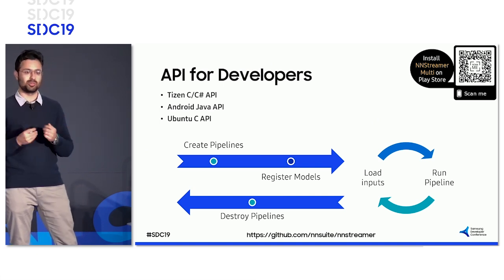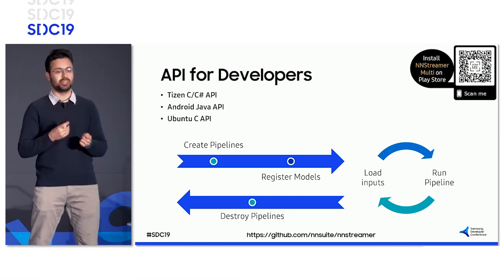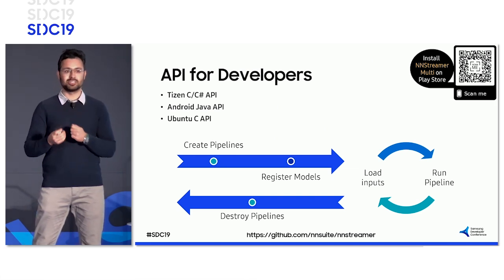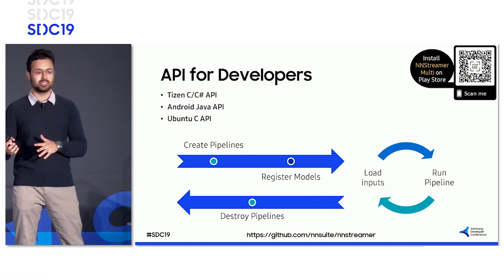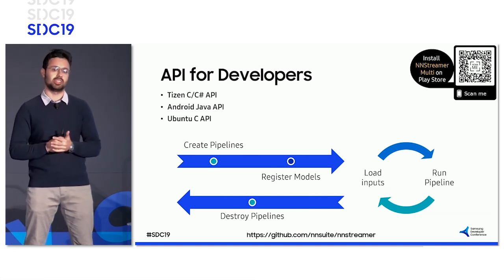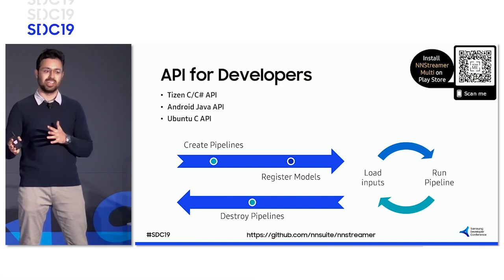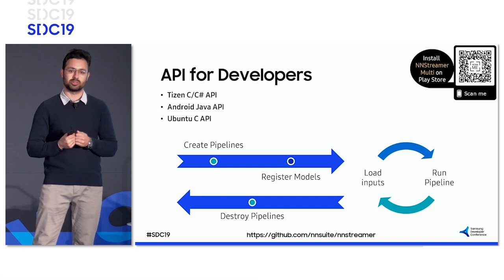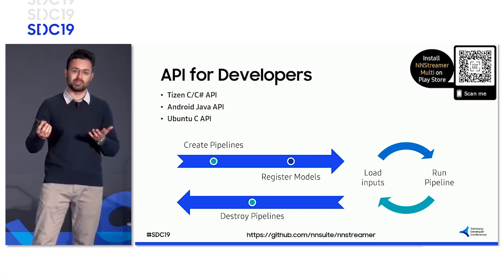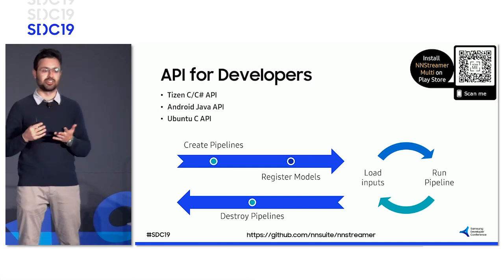The second step is we want to register those models which we are using in the pipeline with the API. The third step is we want to run the pipeline. In the example which we used, we connected it with a live camera source. So in that case, the live camera source is going to be providing the data and drive the pipeline.